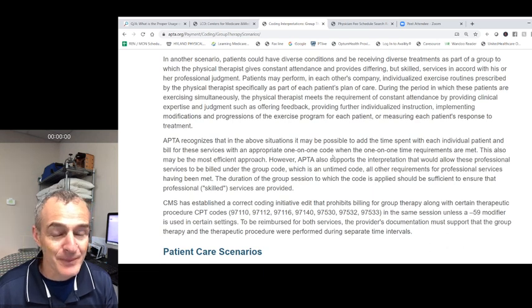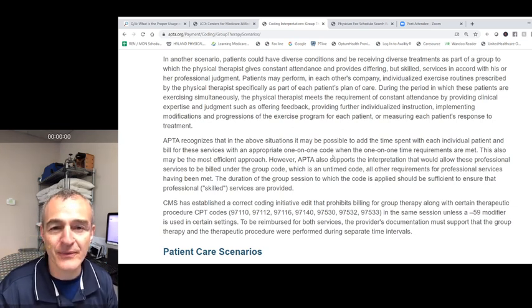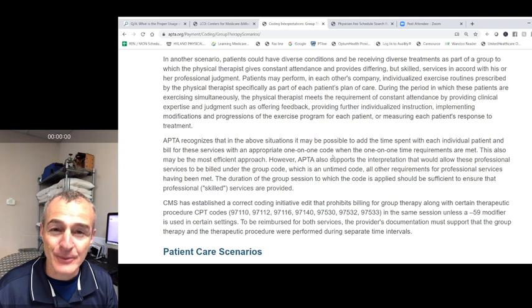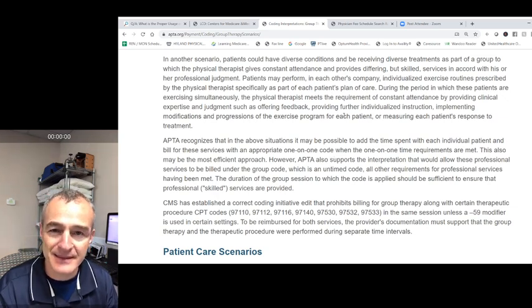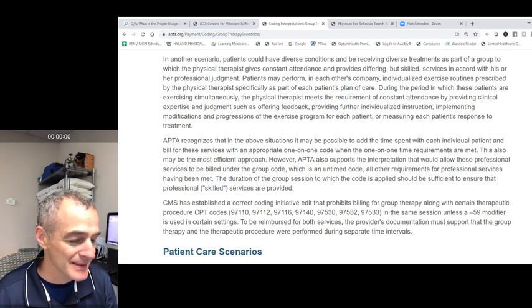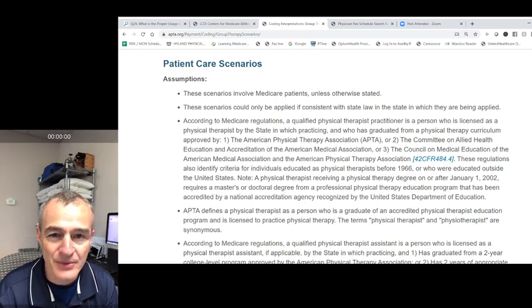You can even have a Pilates instructor involved in leading and directing the class as long as there is a physical therapist, occupational therapist, speech language pathologist, or an assistant supervised by a therapist on site, providing direct patient care to the group or to the participants individually. Now, I don't have time to get into this. This is available for you guys. There's even scenarios on what this would be like. But I want to spend the next 2 minutes explaining my understanding of the program.